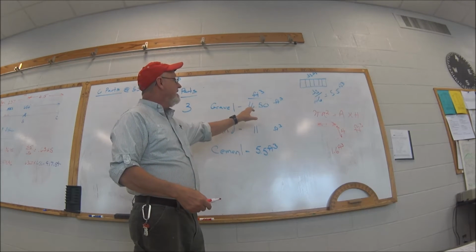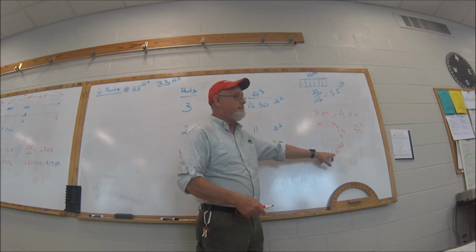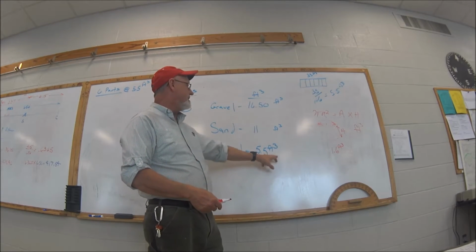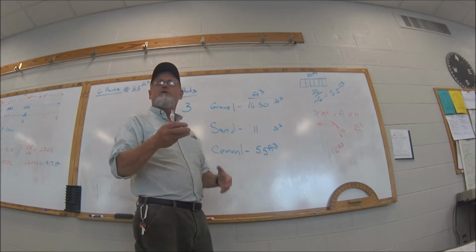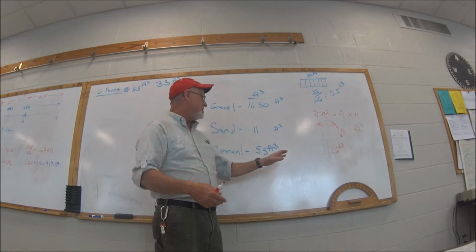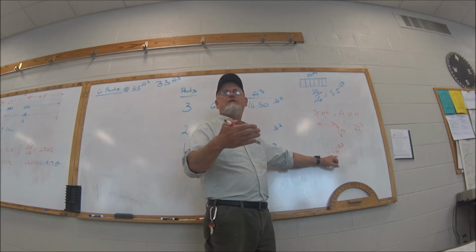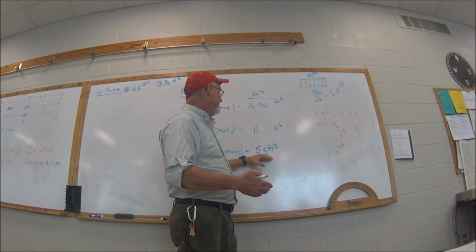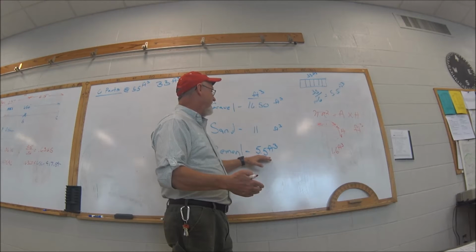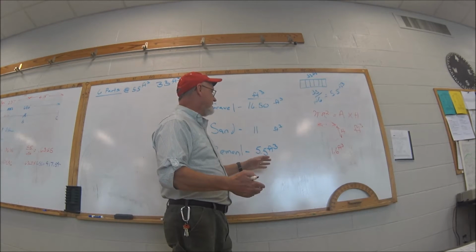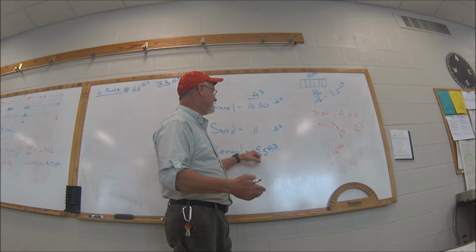So if a bucket holds 1.6 feet, let's start with this bottom one down here. When you do these problems, you can kind of eyeball this a little bit, because 1.6 feet is about a bucket and a half, isn't it? So we need 5.5 feet.